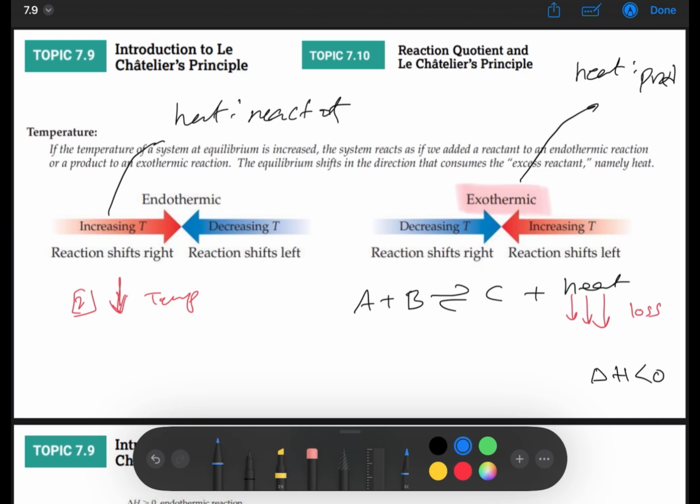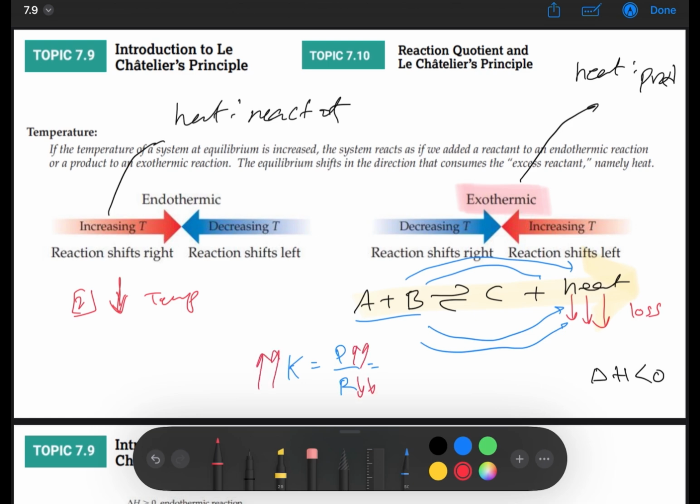Since you have a loss, the reactants will compensate for this loss by shifting to form more products. So the reaction will shift to the product side and more products will be formed. As a result, for K, which is products over reactants, we have an increase in the products and a decrease in reactants. That's why the value of K will increase.